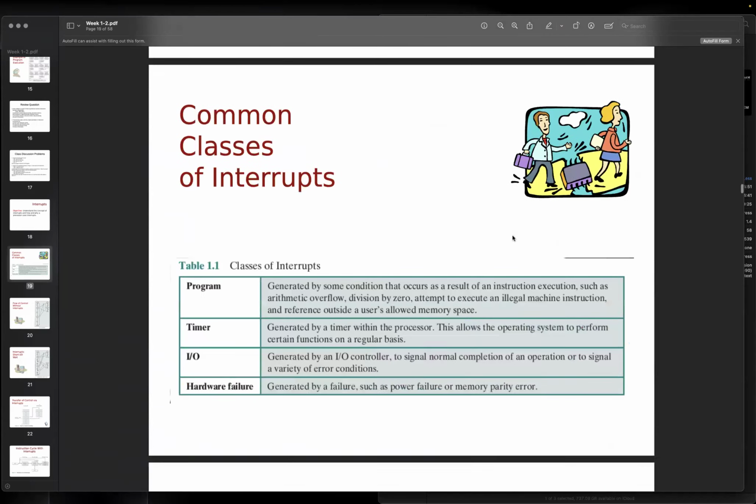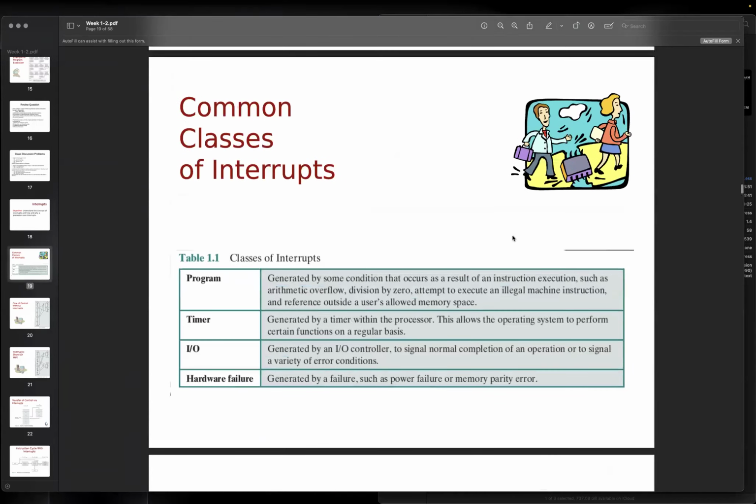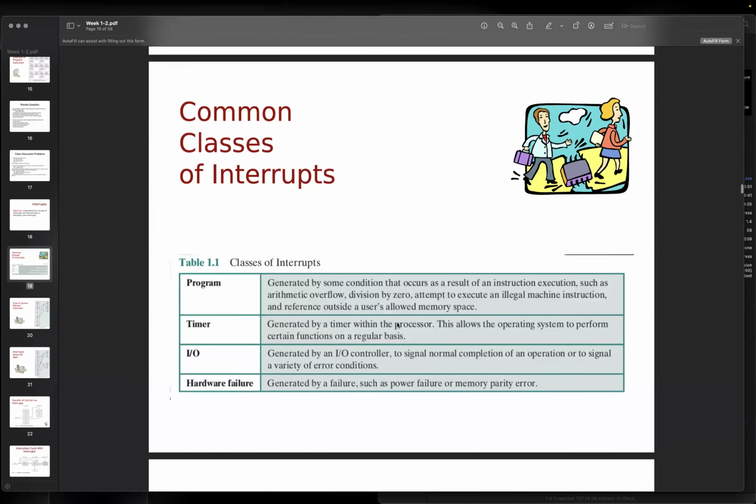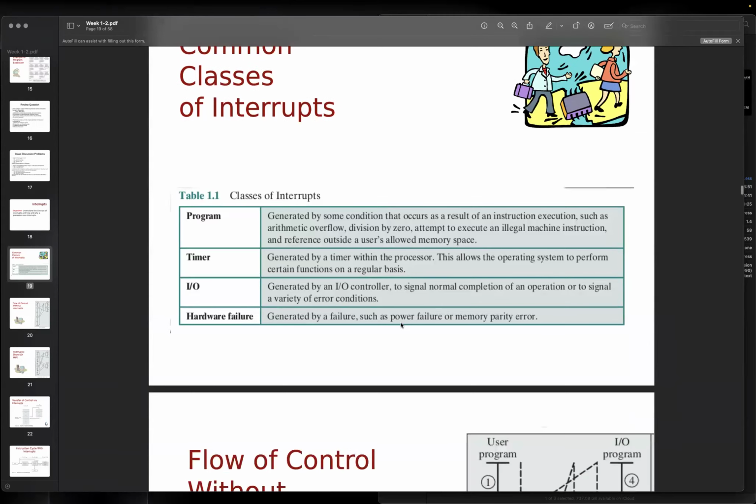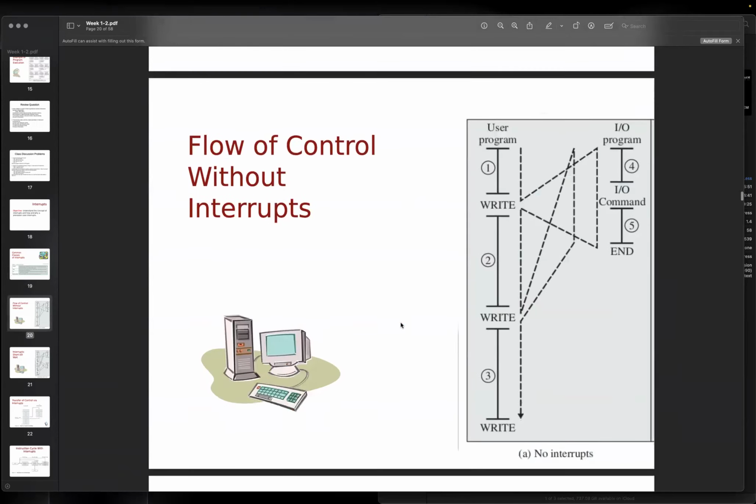Next we talked about the different types of interrupts. We have the program interrupt, timer interrupt, I/O interrupt, and also the hardware failure interrupt. If you look at the current computer design nowadays, you think it is pretty common.